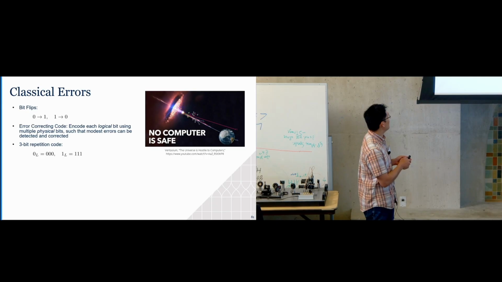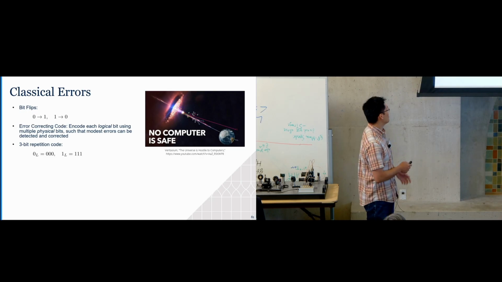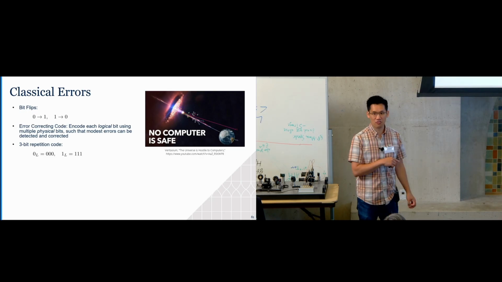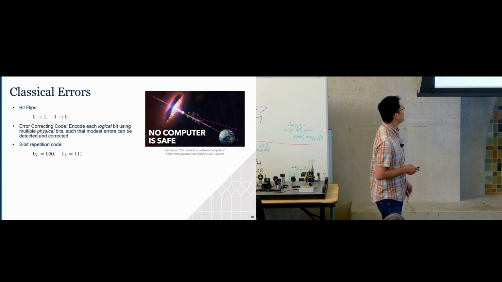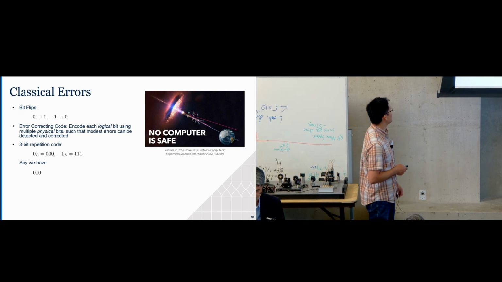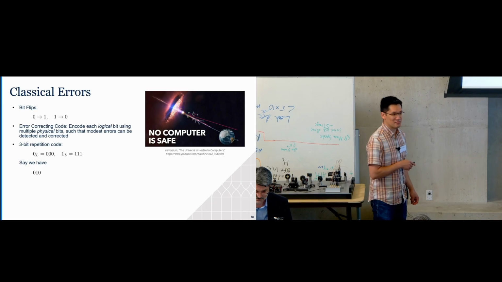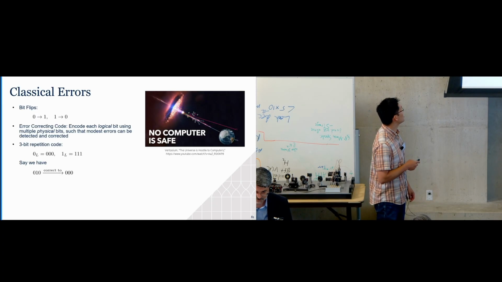If one of these flips and becomes a 1, we can say, hey, why is one of them a 1? I think that should be a 0, and you can flip it back. Similarly, instead of a single 1, you can have 3 ones. For example, let's say we have 0, 1, 0. Again, that 1 probably shouldn't be there. It should probably be a 0, so you can correct it to 0, 0, 0, and so forth.